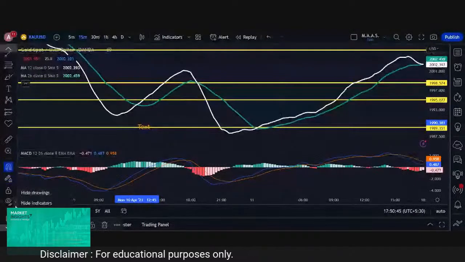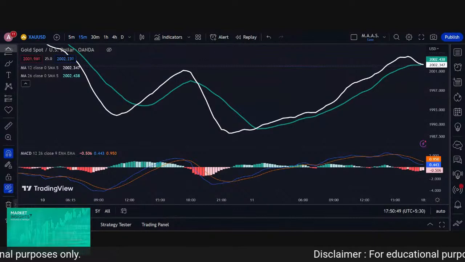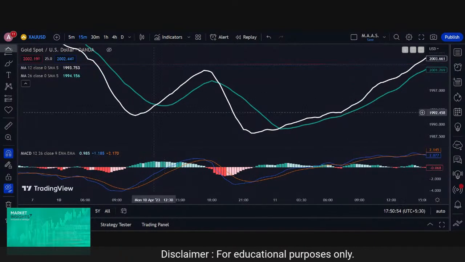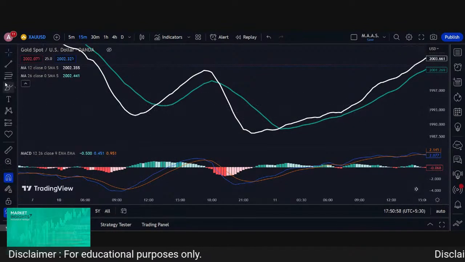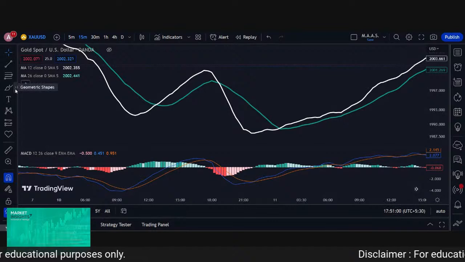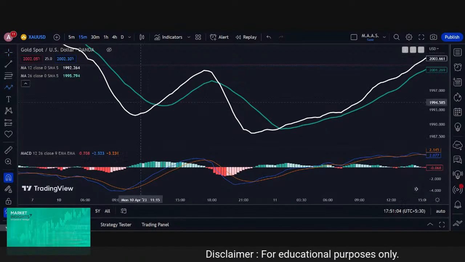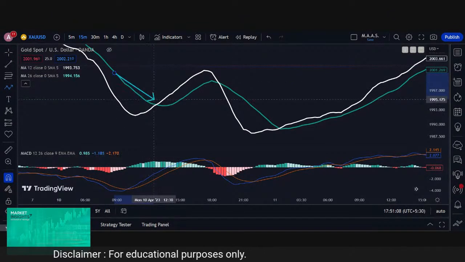Let us remove everything. Okay, now it's fine. So convergence basically means that two lines are coming towards each other, right? Look at this. It is coming here, right?